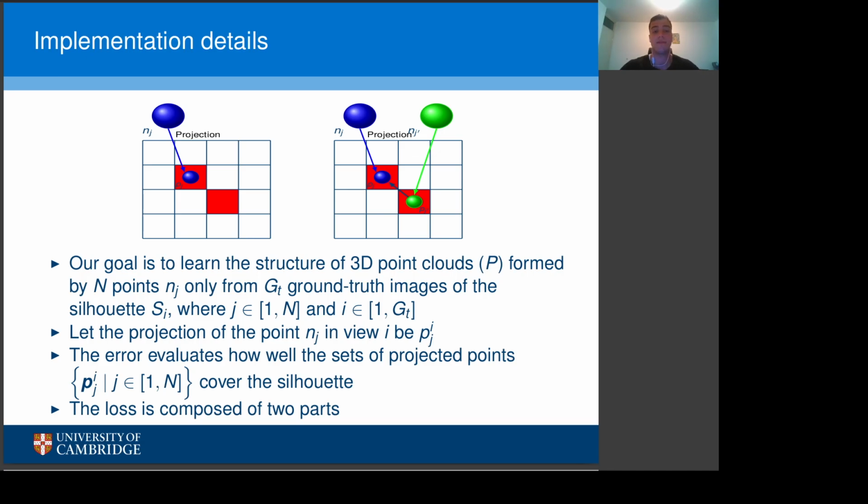This is on the left grid, and on the right grid we must not only minimize the first term loss but also the second term loss, which maximizes the distance between two different point projections from a 3D point cloud, Pj and Pj prime.